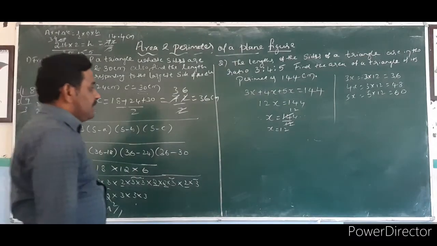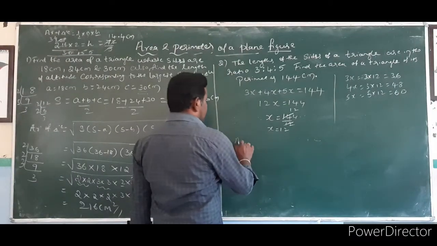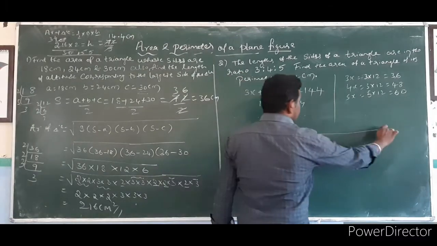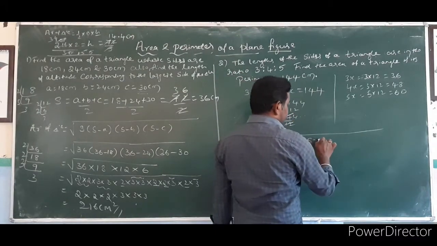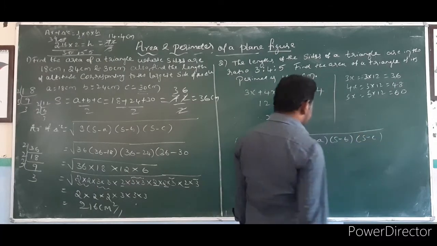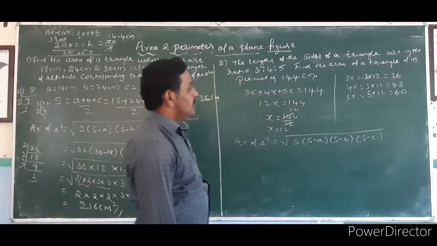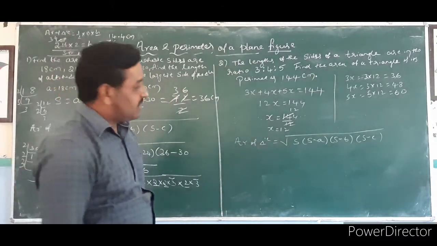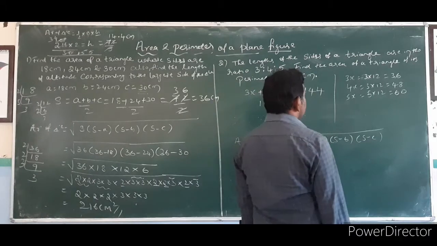Now you can apply Heron's formula to find the area of the triangle: square root of S into S minus A, S minus B, S minus C. So we want to find the semi-perimeter. First we have to find the semi-perimeter.